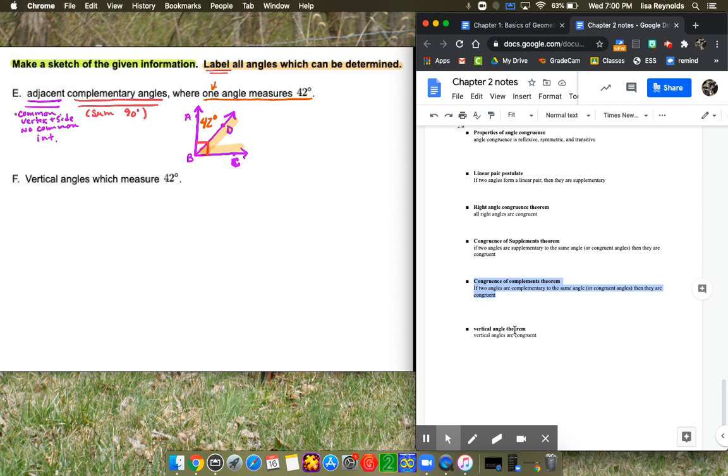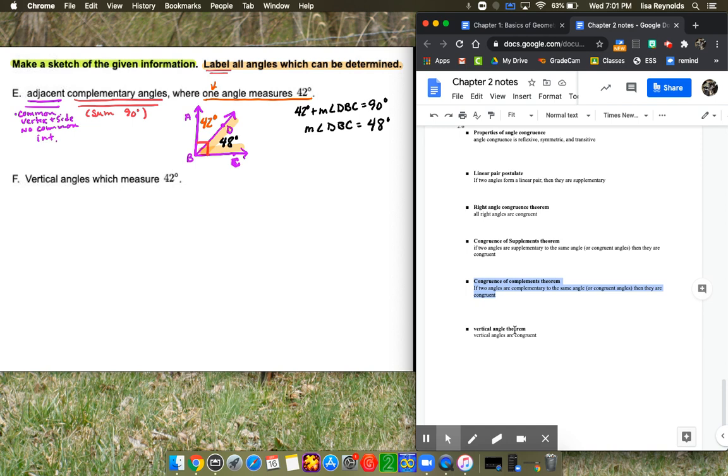So we are still not finished with this problem because we can use our complementary, so our 42 degrees plus the measure of angle DBC is going to have to equal 90 degrees. So the measure of angle DBC is going to equal 48 degrees.